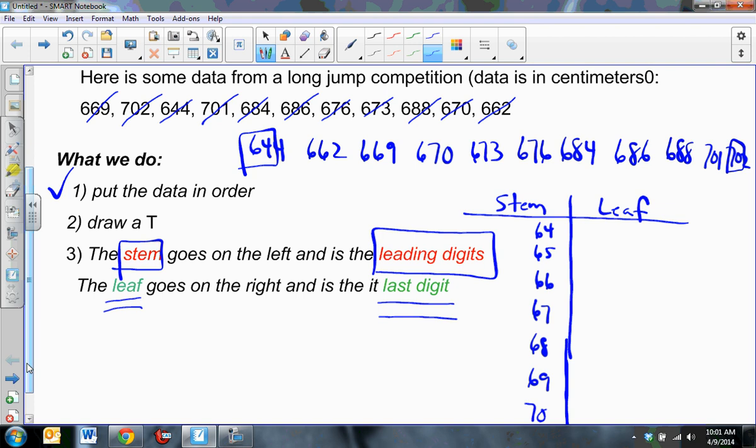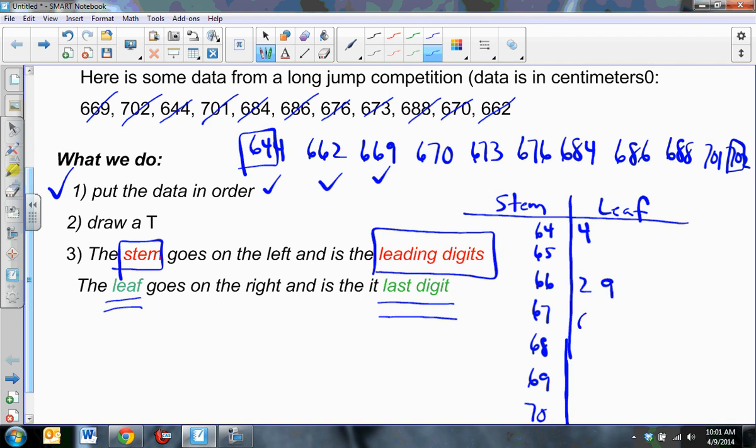Okay, so now I look back at my leaves. My first leaf is going to be the 4. Then I don't have a leaf for 65. But I have 2 leaves for 66. I have 2 and 9. Okay, so I'm just going to put the 2, leave a space, and then a 9. Okay, so I've done this one, this one, this one. Check them off as you do that. For 67, I have 3 leaves, 0, 3, and 6.